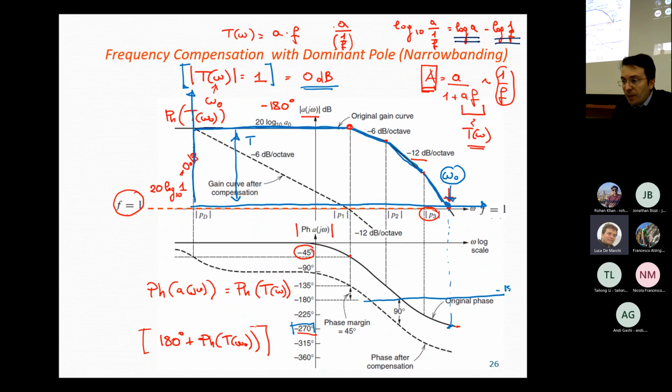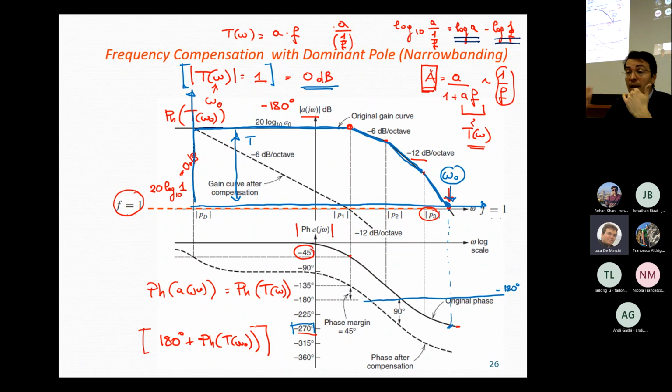So the circuit is clearly unstable. How can we turn an unstable circuit into a stable one? Well, we have to apply a frequency compensation technique.